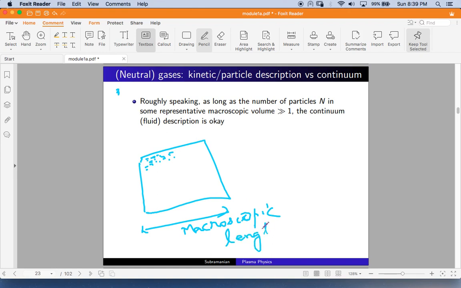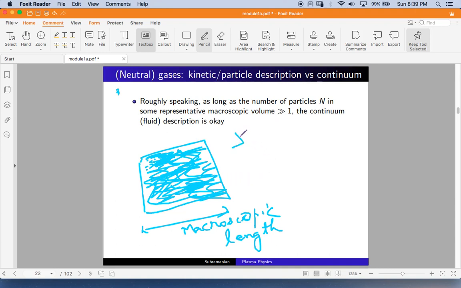The cube of this would be a macroscopic volume. So essentially what you're able to see here is that this fuzz extends all throughout the box. There are so many particles that you really cannot make out an individual particle at all. In other words, the number of particles in this representative macroscopic volume is much larger than 1.